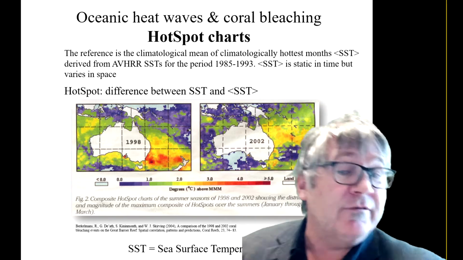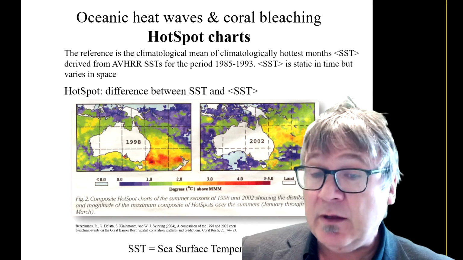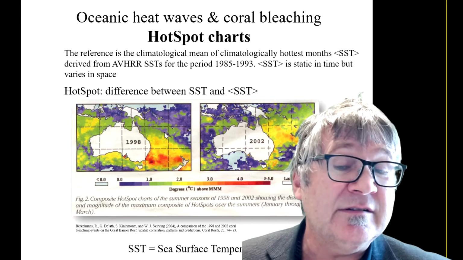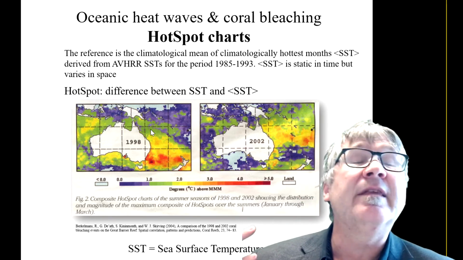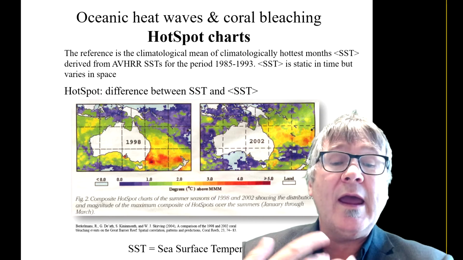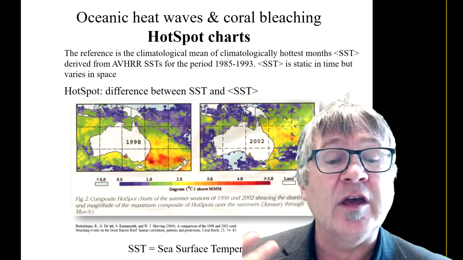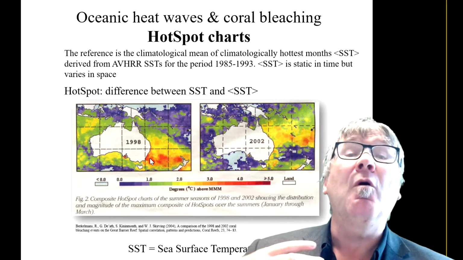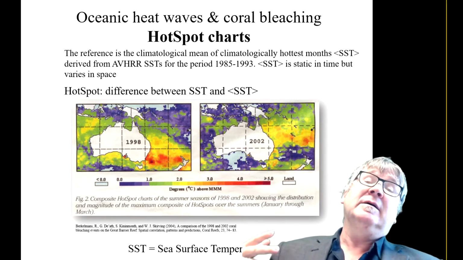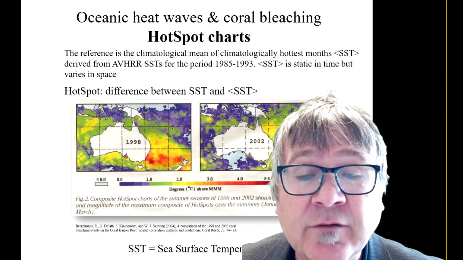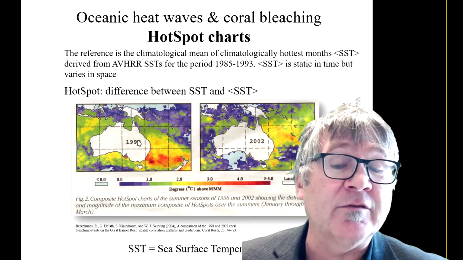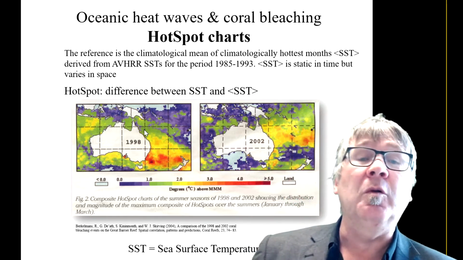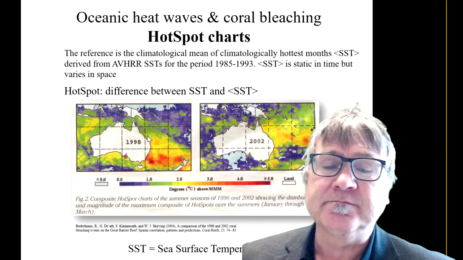On the left side you can see this temperature difference, and there are areas with way above 2 degrees, we're talking about 2, 3, 4, 5 degree temperature anomaly, but more in the southern portion of the ocean along the east coast of Australia, and not that much along the actual Great Barrier Reef.